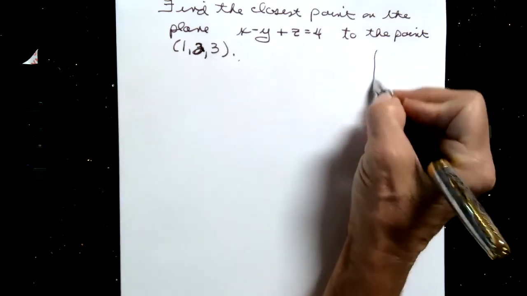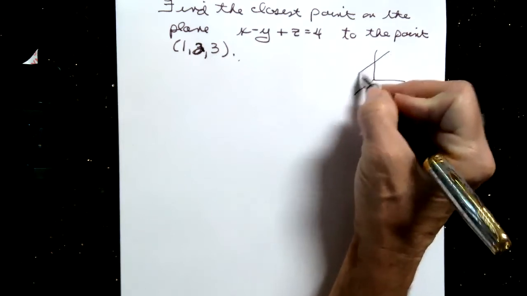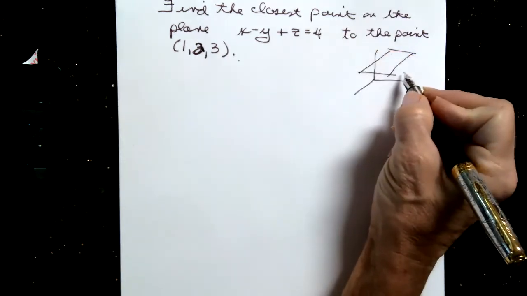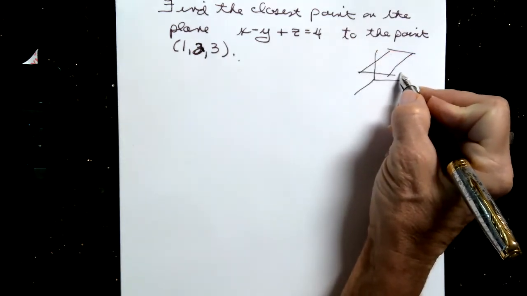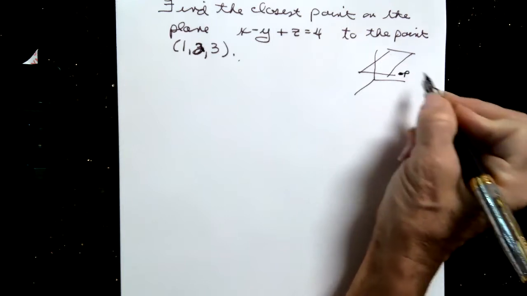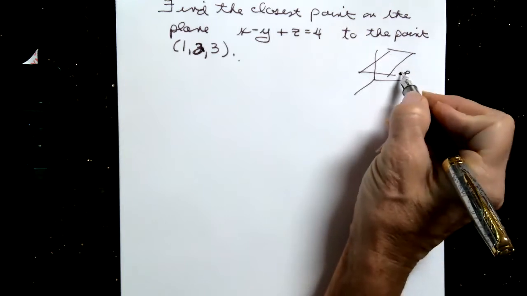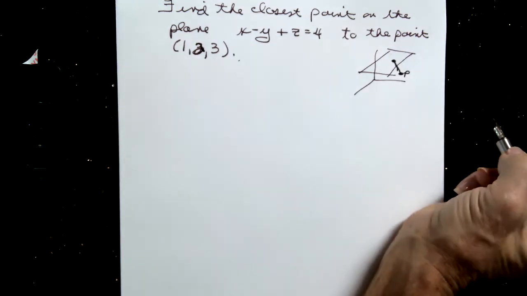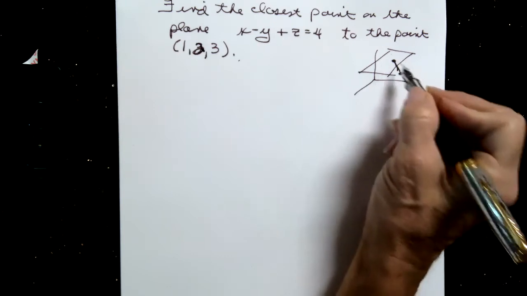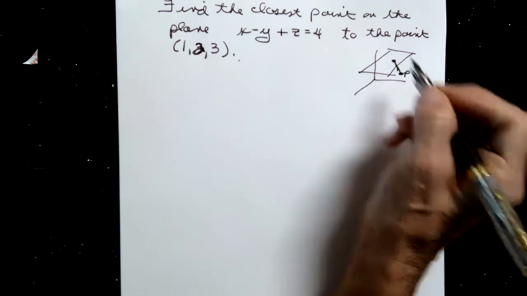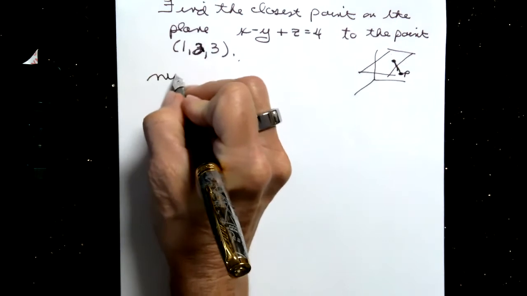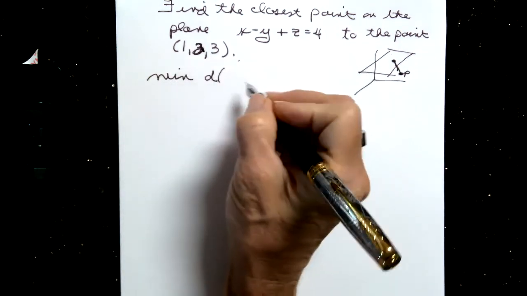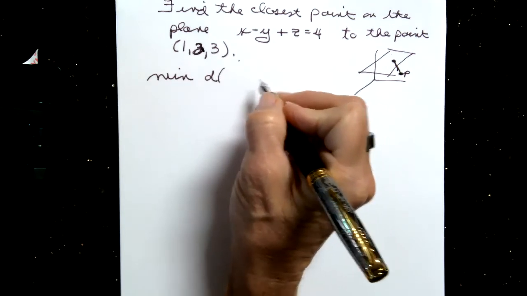So in other words, if you're sitting in 3-space and you have a plane somewhere, and then we have a point away from the plane, here's point P, then to find the nearest point you want to look at the distance to a point in the plane and then find the minimum of that distance.